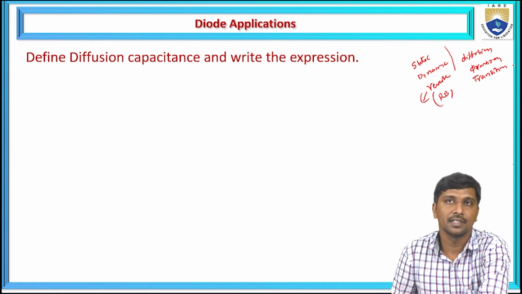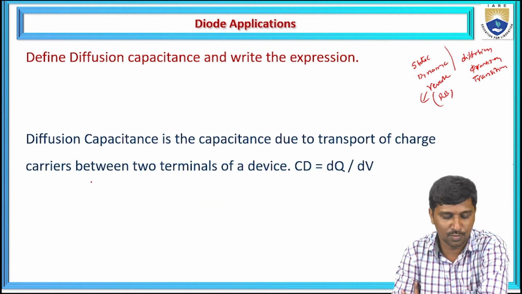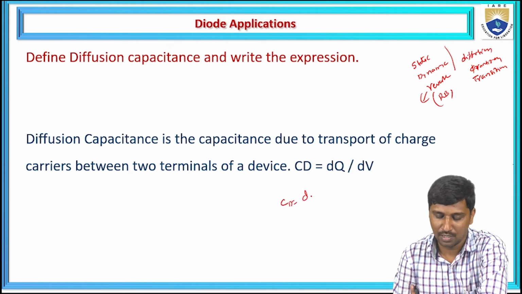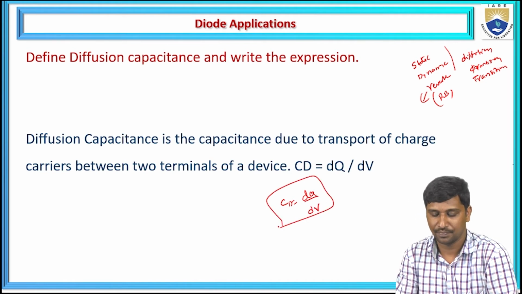Now we'll see what is the diffusion capacitance. The diffusion capacitance is due to the transport of the charge carriers between the two terminals of the device. CD is equal to the rate of change of charge with respect to the rate of change of applied voltage.